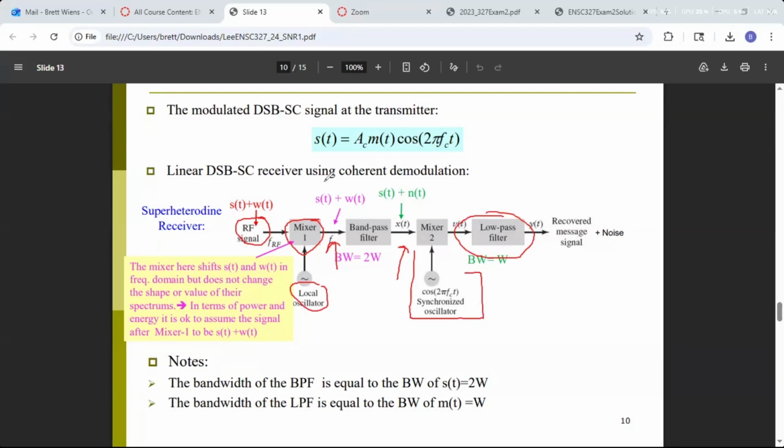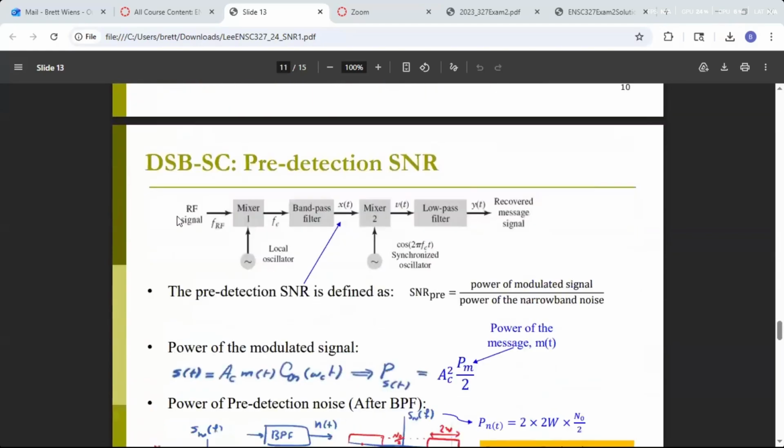So after this whole radio system is laid out, what Daniel was doing in class is writing down the mathematical expression for the signal and the noise as it goes through here. And in the end, what we really want is this recovered message signal power divided by the recovered noise power, right? So yeah, it is pretty involved, but in the end, it's a fairly simple equation.